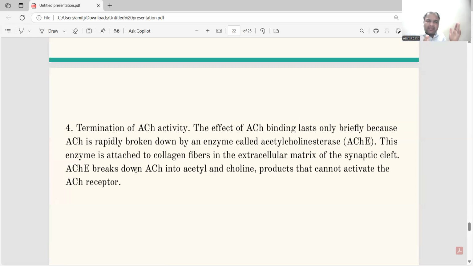Once it is broken down into acetyl and choline, it can no longer attach to its receptor, and once it cannot reach its receptor, the ion-gated channel remains closed, and this way the message is not passed to contract and the muscle does not contract. So acetylcholinesterase stops the muscle contraction, stops the excitation of the muscle end plate.